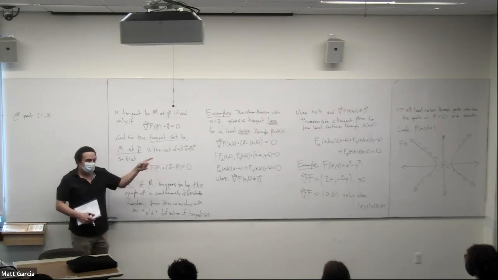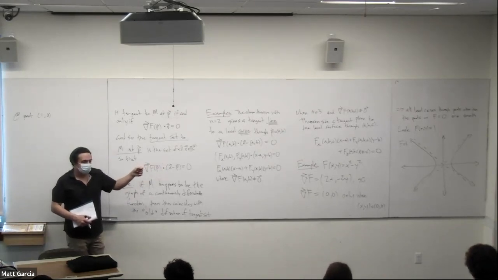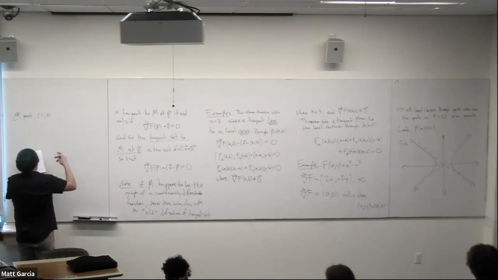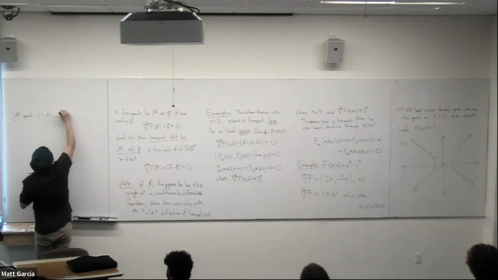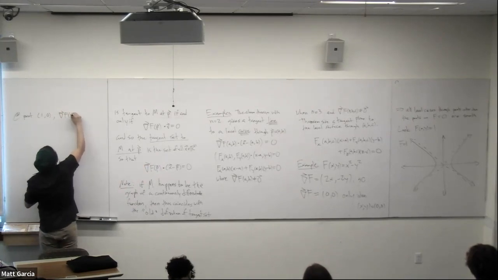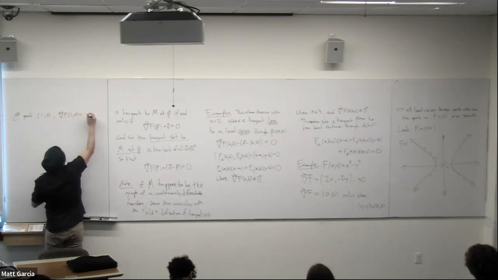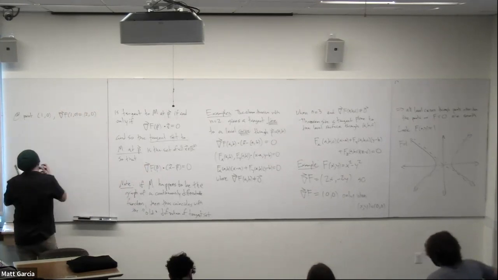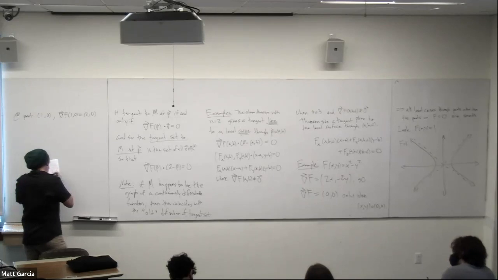Yeah, it's on this level set that we're considering, right? Okay, so at this point, the gradient of f evaluated at this point is just (2, 0).